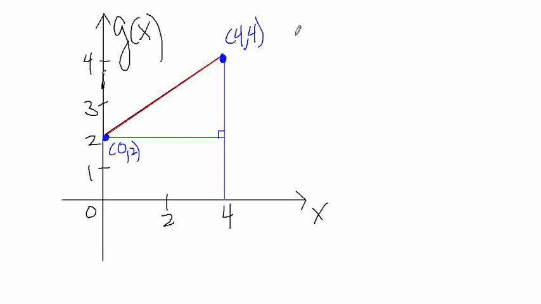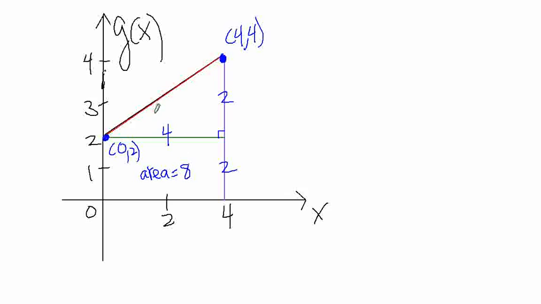All right, so the rectangle has a horizontal leg of length 4, a vertical side of length 2. The area of the rectangle is base times height, which is 8.